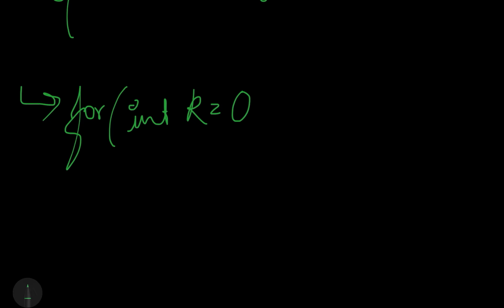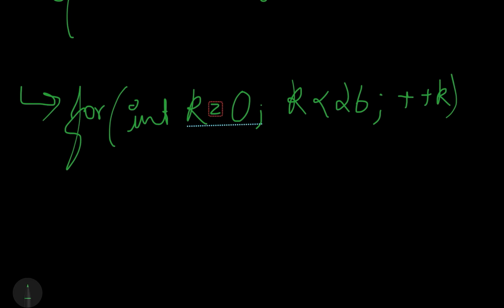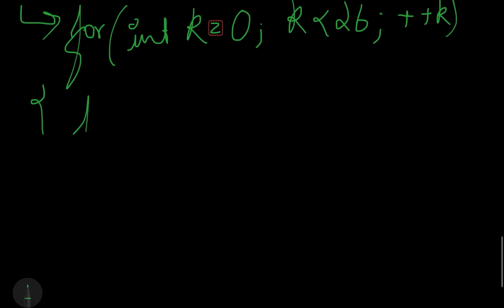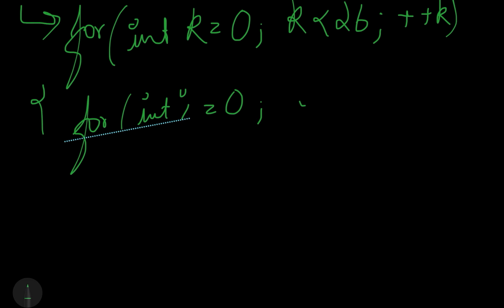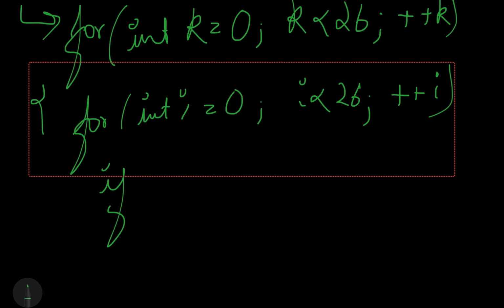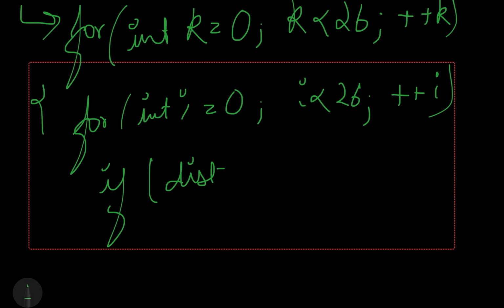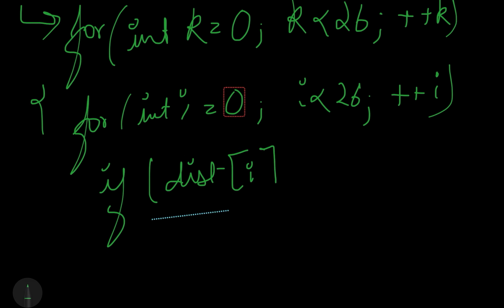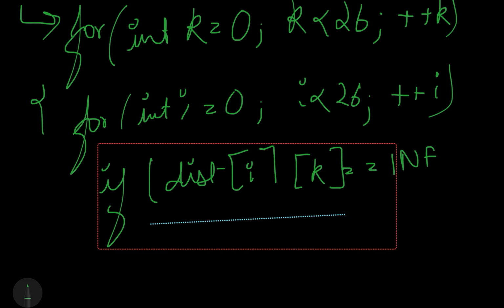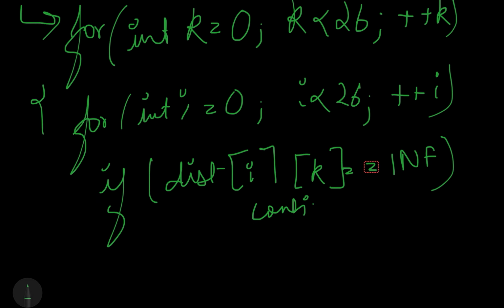So now what we'll do, we'll apply the Floyd Warshall algorithm. For int k equal to 0, we'll traverse each character, and then for I equal to 0, I less than 26, plus plus I. Now if our distance of I comma k is equal to inf, then only we'll continue, otherwise we will not continue.